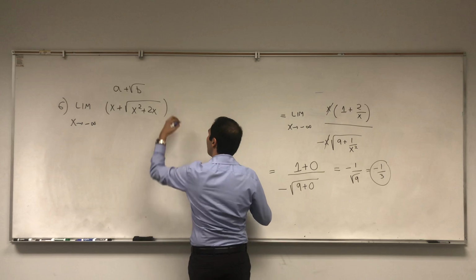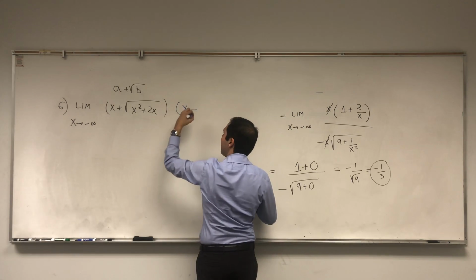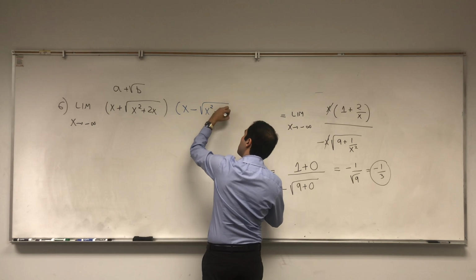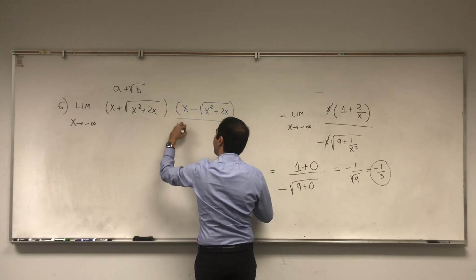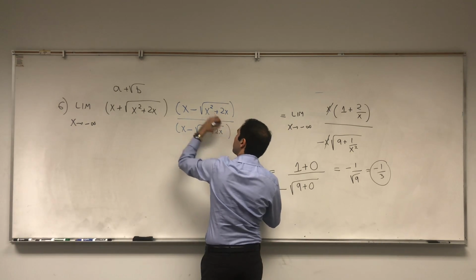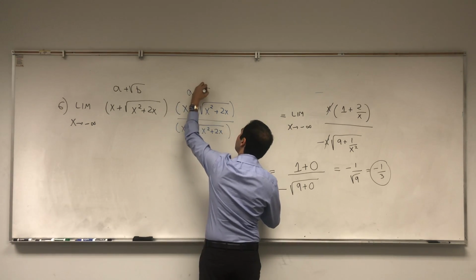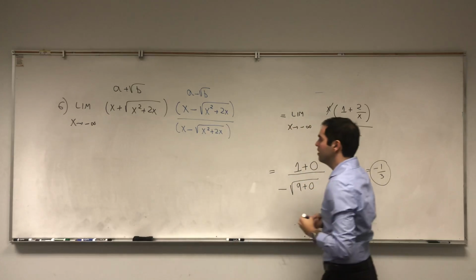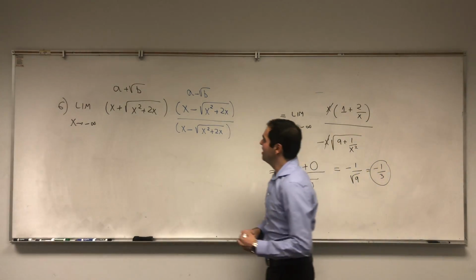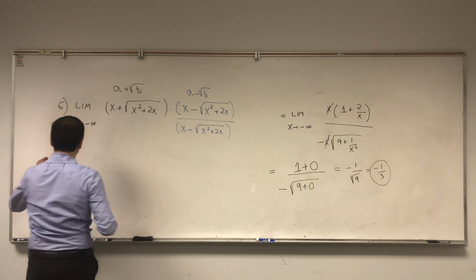So multiply both sides by x minus square root of x squared plus 2x. So a minus square root of b. Because that's just 1, so it doesn't invalidate this equality.